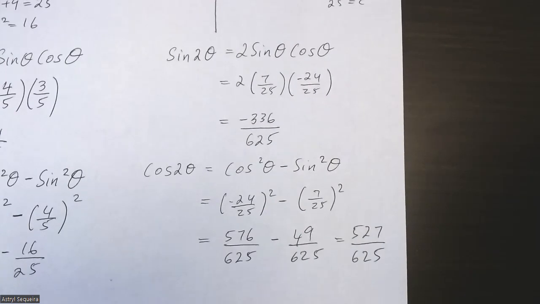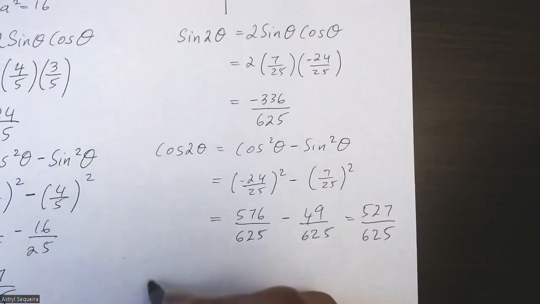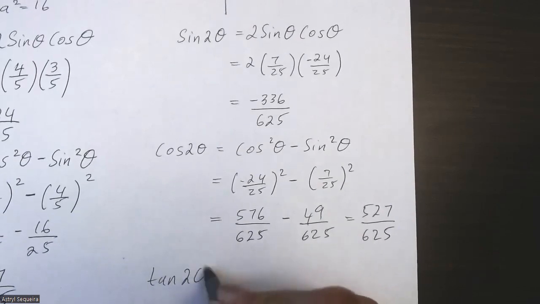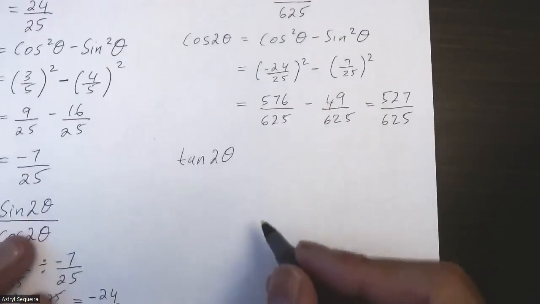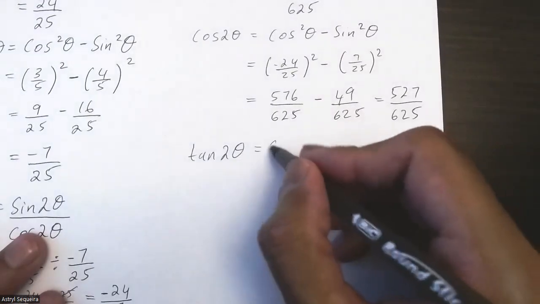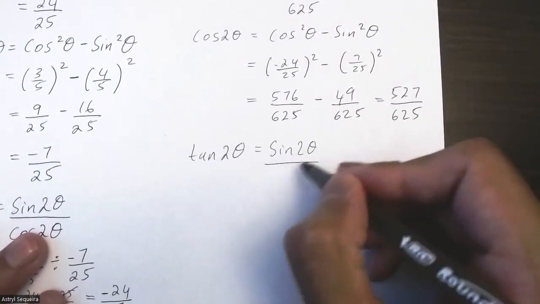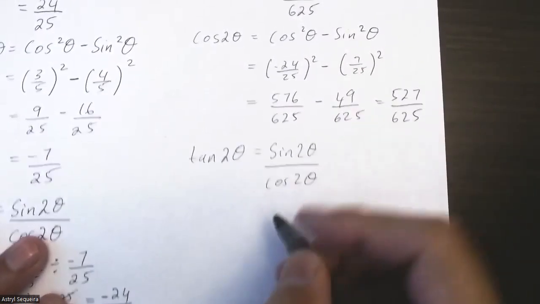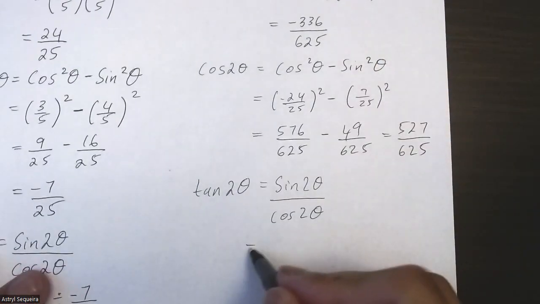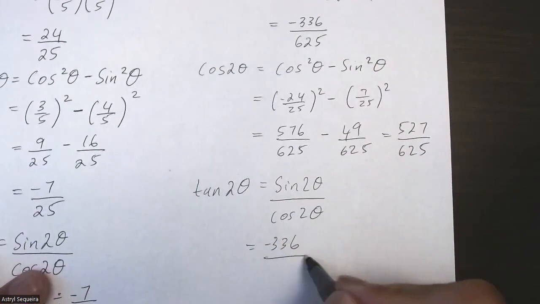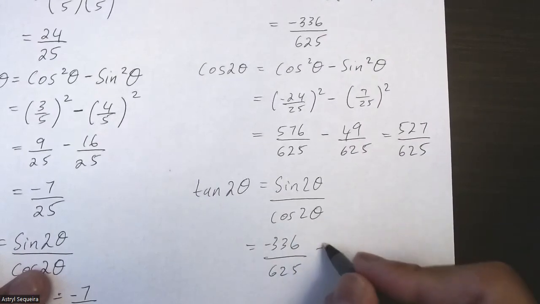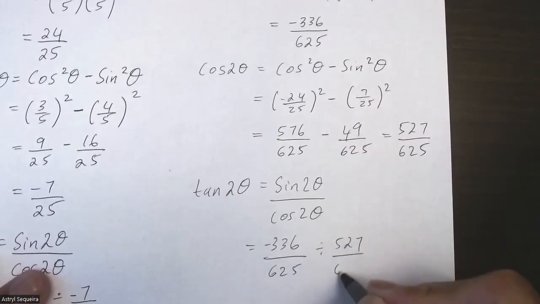And last, we're going to find tan 2 theta. Again, you can use the long formula, but I'm going to do it the quick way. I'm just going to do sine 2 theta divided by cos 2 theta. The sine 2 theta is just negative 336 over 625 divided by 527 over 625.